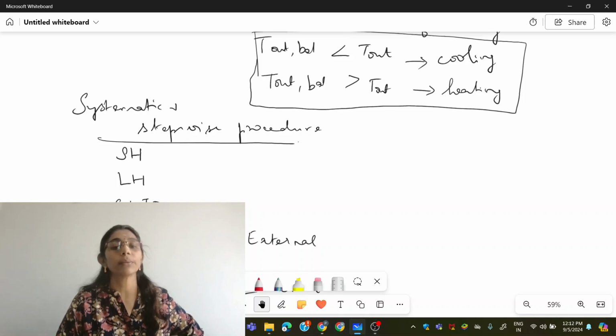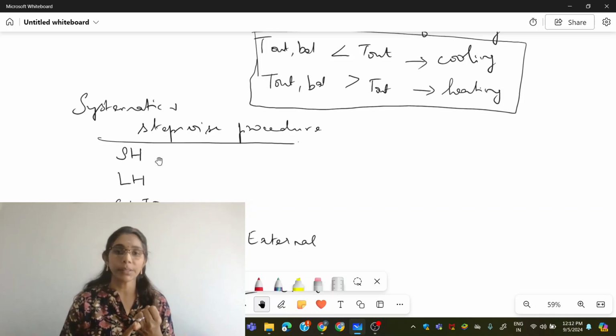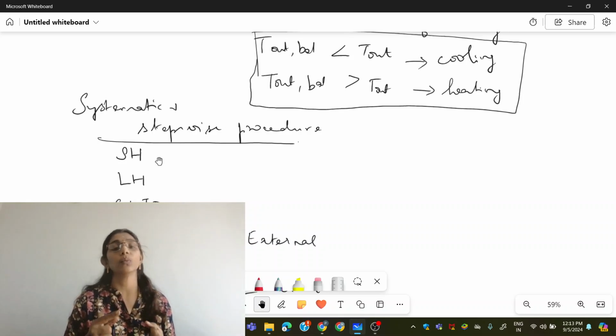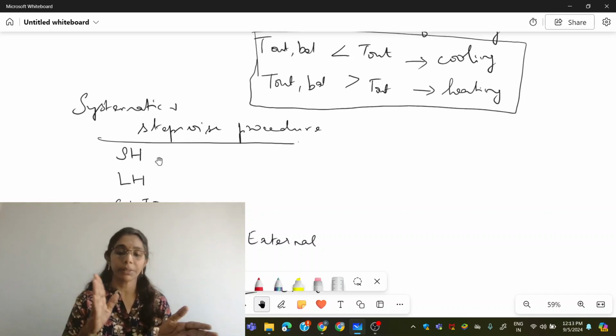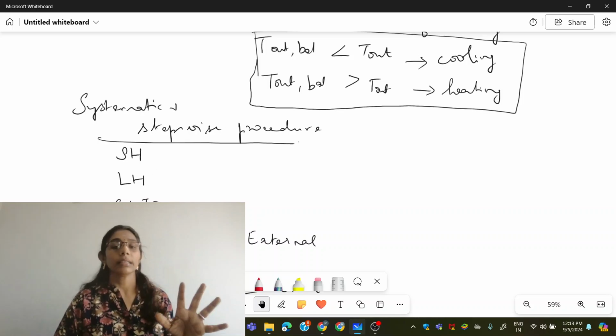And before moving to the procedure of calculating the heating load and cooling load, we saw four parameters. What is sensible heat? That is, temperature difference should be there. What is latent heat? That is, moisture content difference should be there. What is cooling load temperature difference? That is the difference in temperature between inside and outside the room. And solar heat gain factor, that we have seen.